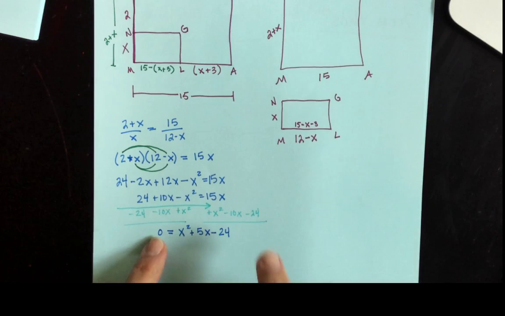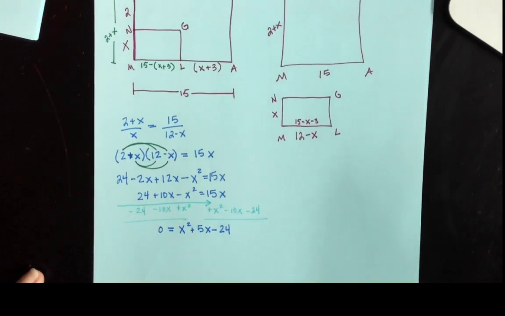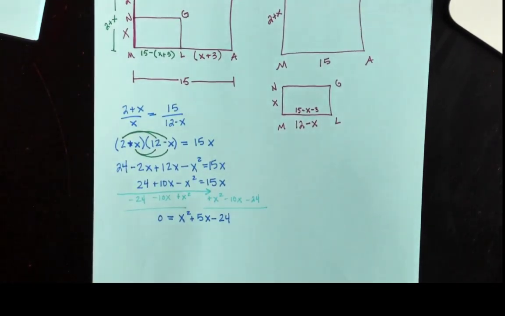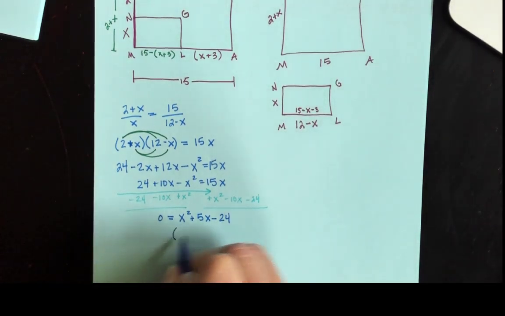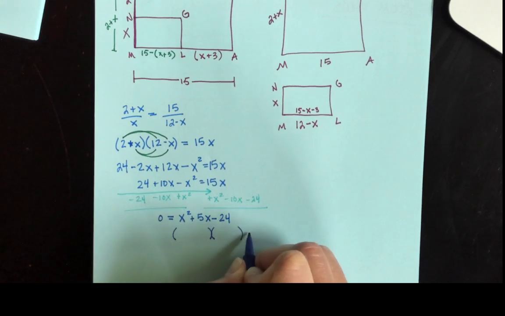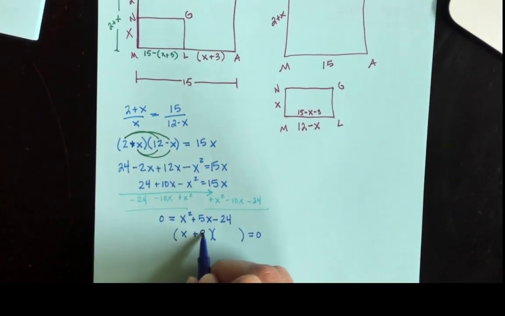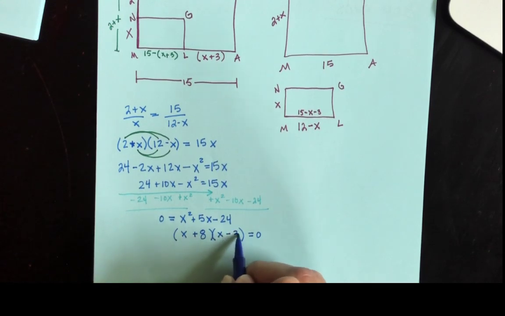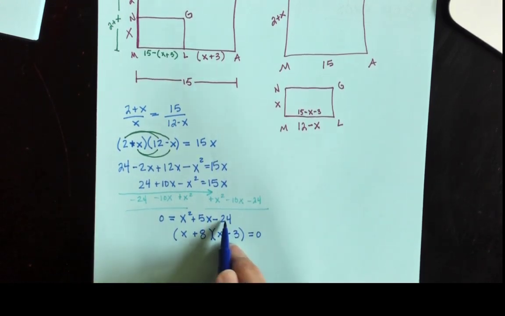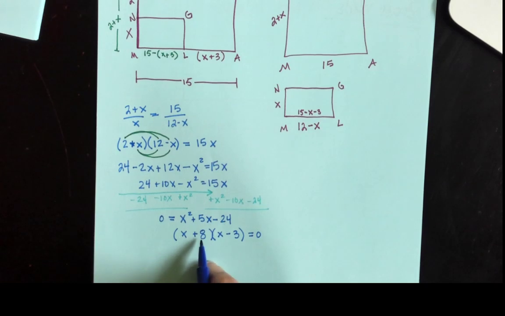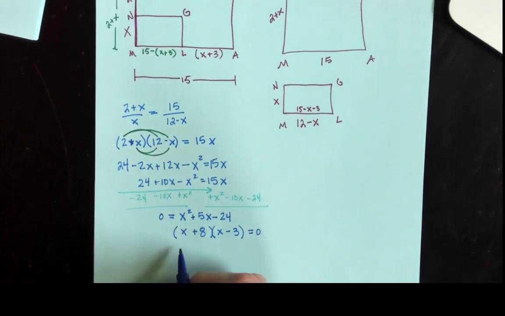Now, whether the zero's on this side or on this side, our symmetric property tells us that we can solve it either way, but I do know that I can factor this to solve. X plus 8 and x minus 3. 8 times negative 3 is negative 24. 8x minus 3x gives us the positive 5x in the middle.